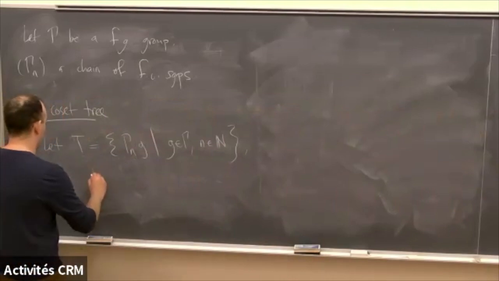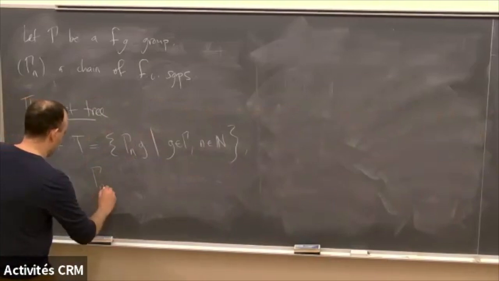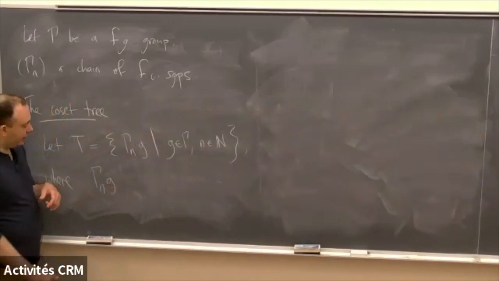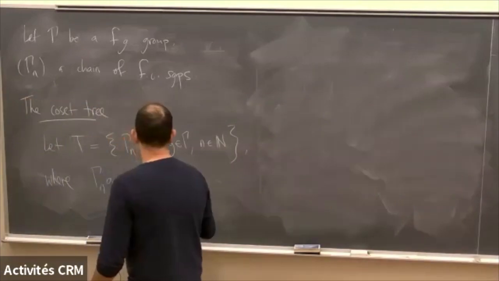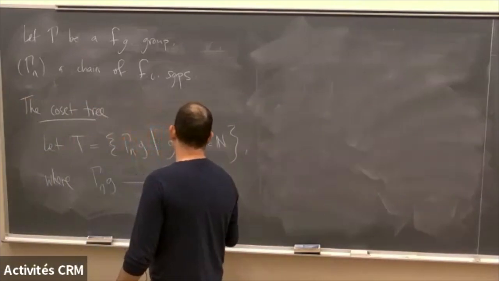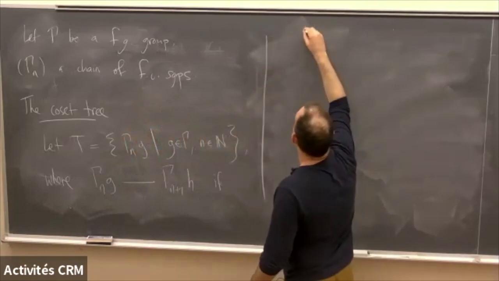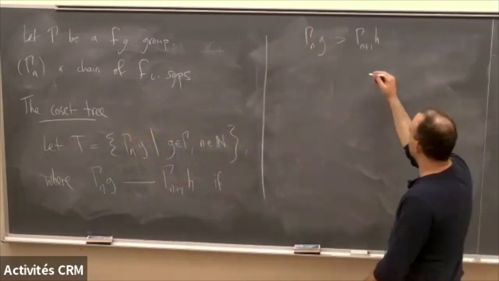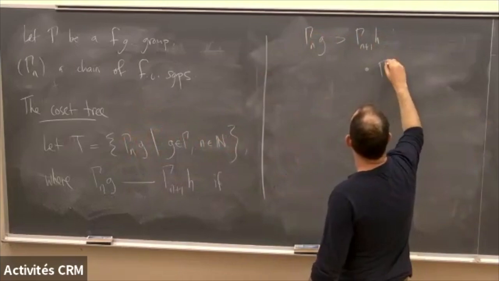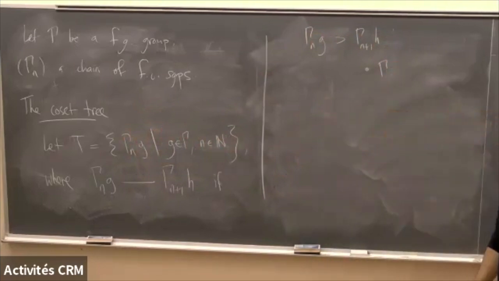So I take gamma n g and connect it with an edge to gamma n plus 1 h, if the first contains the second.